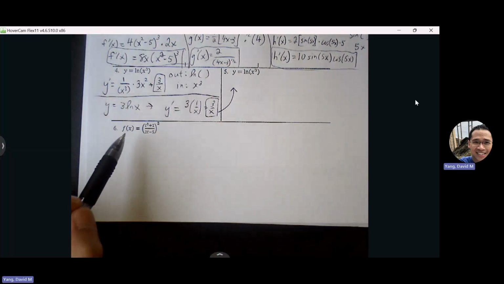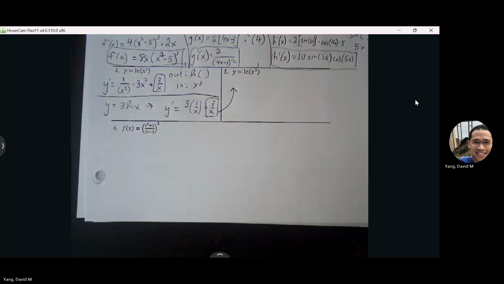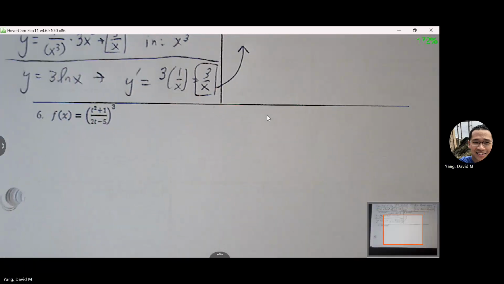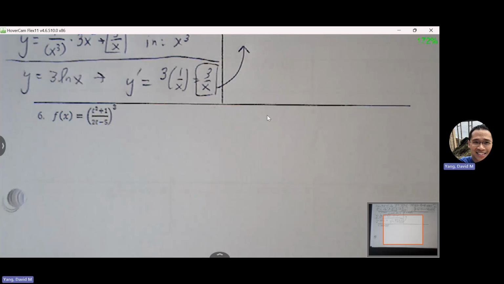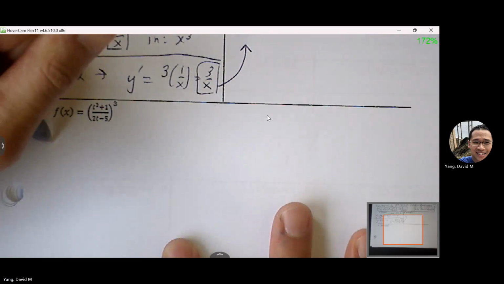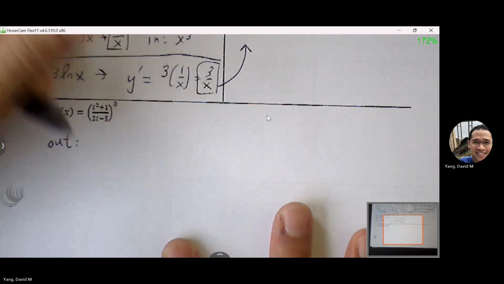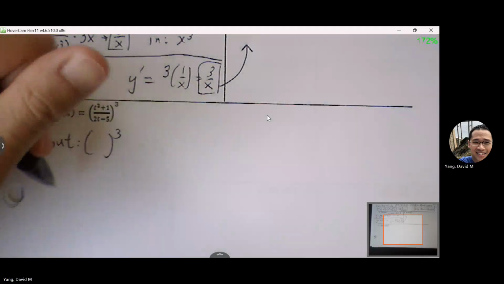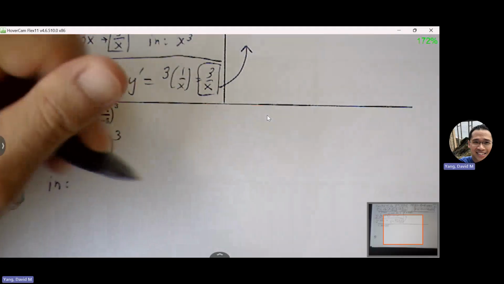Okay, number 6, we see an outside and inside portion because of the parentheses. So let's identify the outside portion. It's that parentheses cubed. And then the inside portion.